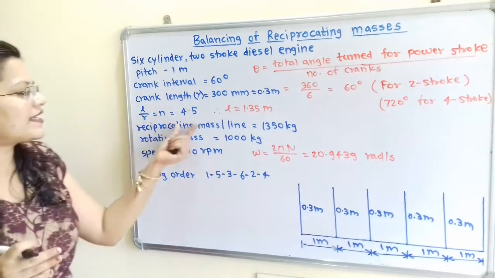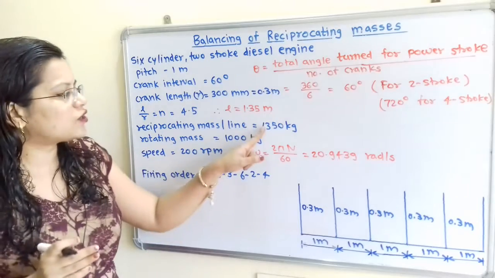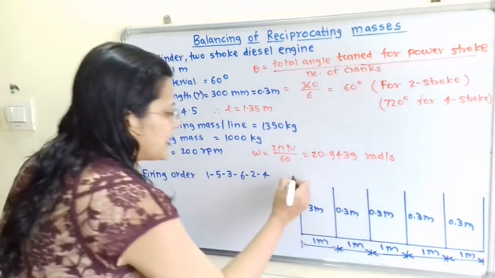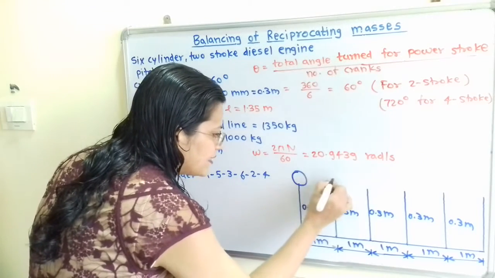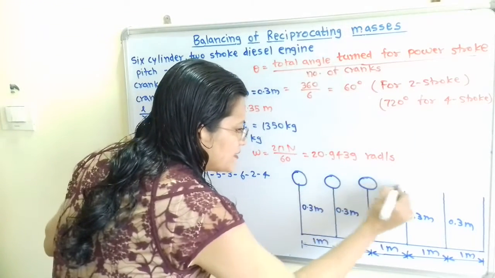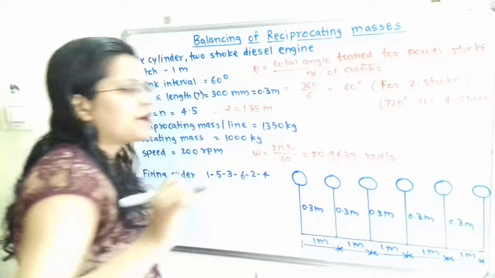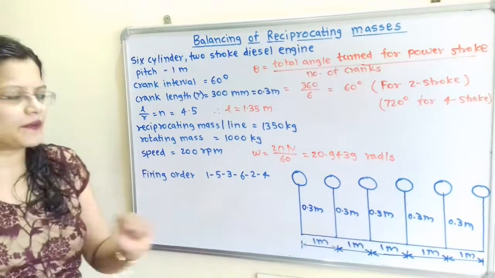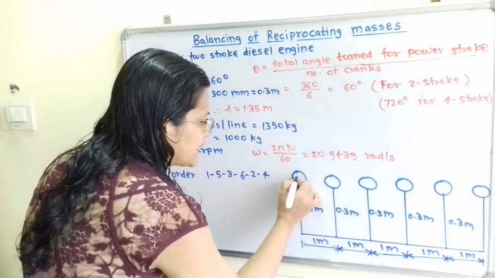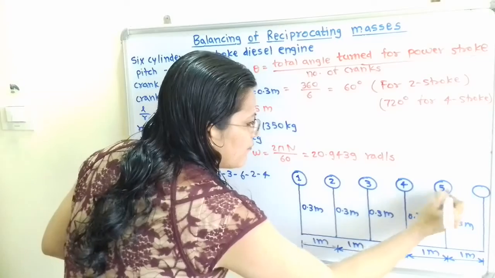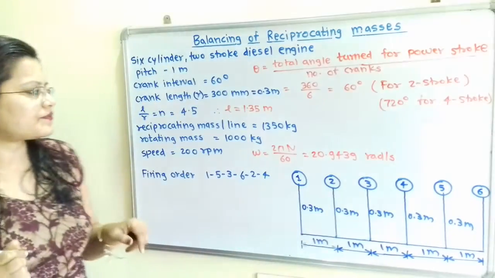Now reciprocating mass per line is also mentioned, 1350 kilogram. These reciprocating masses are placed at each cylinder, and these cylinders are rotating in different planes. So for these planes we will assign the numbers, that is cylinder 1 is rotating in plane 1, here is 2, 3, 4, 5 and 6.